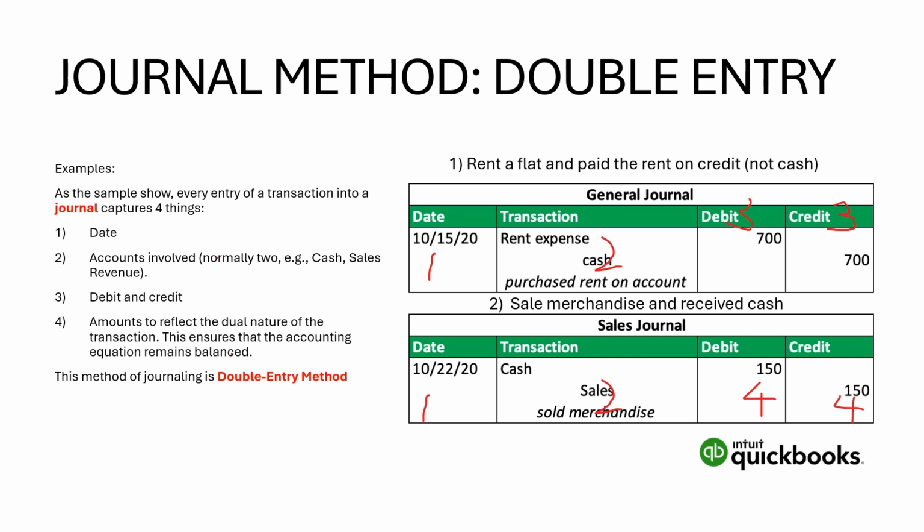The second example, selling merchandise for cash for $150. So in this second case, we have to do double entry as well. The first is the date, second are the 2 accounts. The cash is on top, and the sales of merchandise is on the bottom, which is the credit.